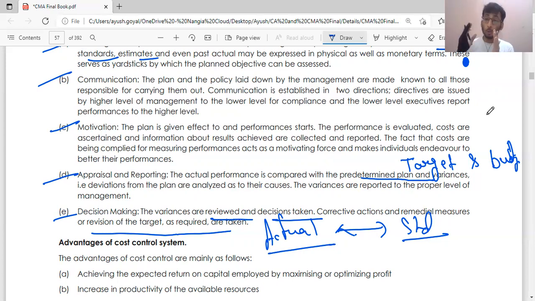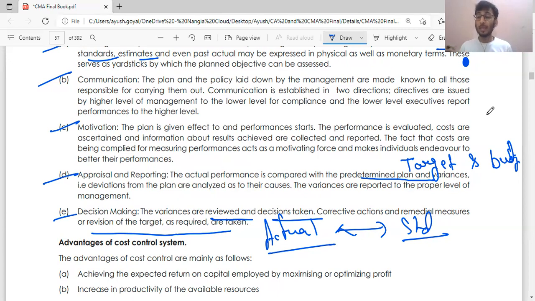But if reducing the cost by 50,000 is unachievable, then what would be your step? You need to revise the target. You need to say that yes, this target which you have set is not achievable.